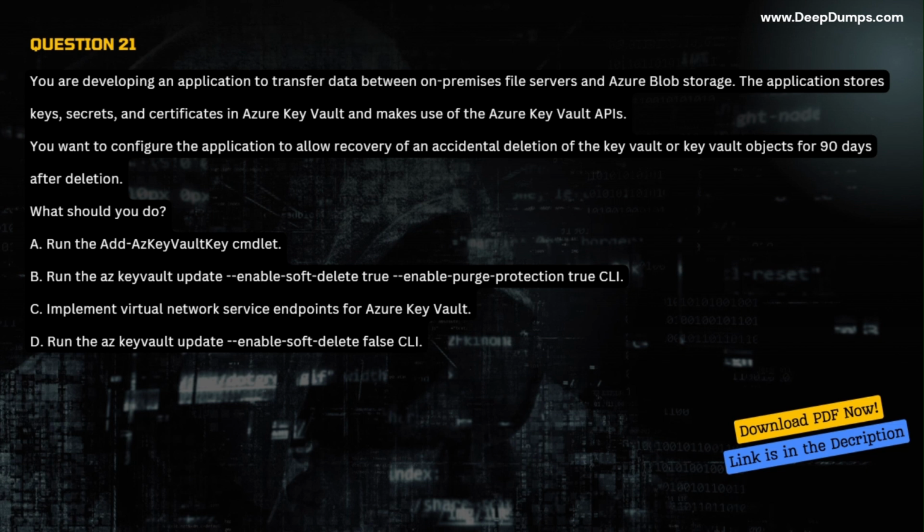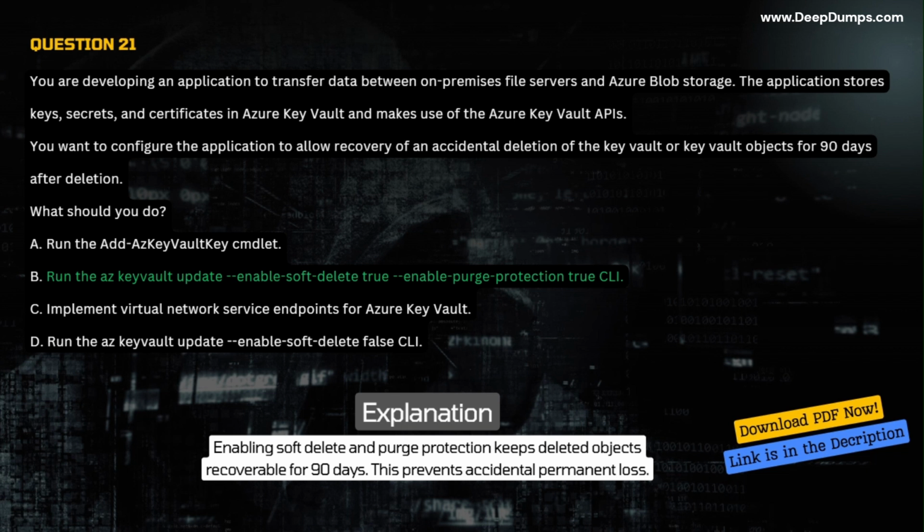B. Run the AZ Key Vault update enable soft delete true enable purge protection true CLI. C. Implement virtual network service endpoints for Azure Key Vault. D. Run the AZ Key Vault update enable soft delete false CLI. Correct answer B. Explanation: Enabling soft delete and purge protection keeps deleted objects recoverable for 90 days. This prevents accidental permanent loss.